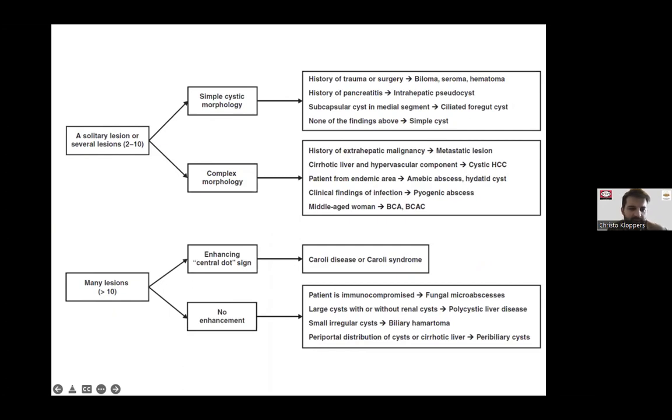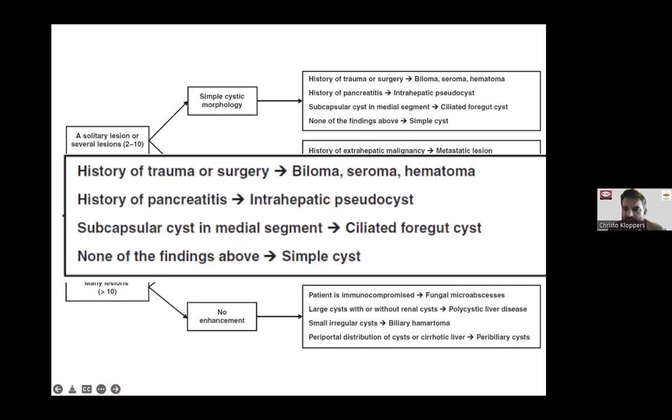So first of all, you can evaluate whether it's a single lesion, so solitary lesion, or several lesions, less than 10, or many lesions. If it's a solitary lesion, if it's simple cystic morphology, you would think about, if there was trauma, it could be a biloma, seroma, or hematoma.